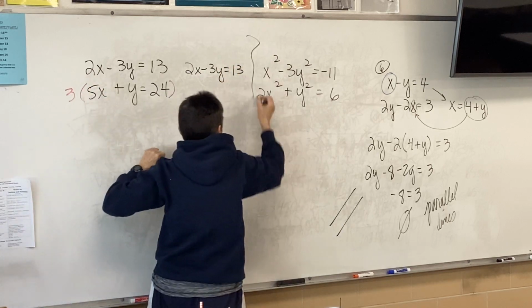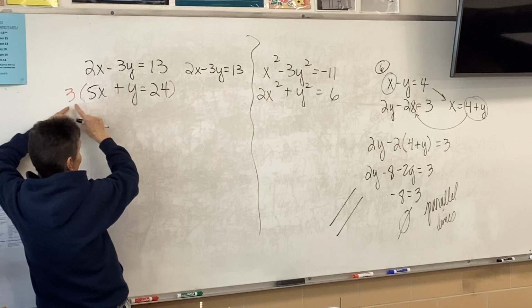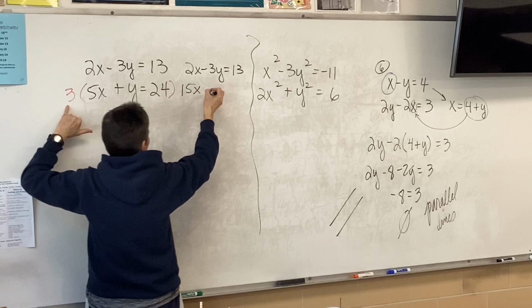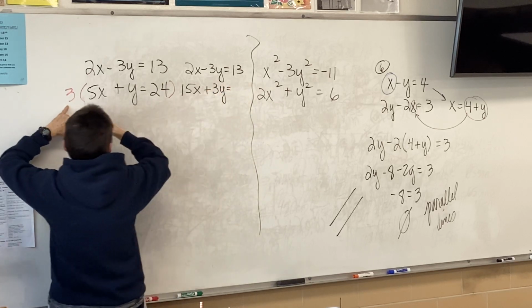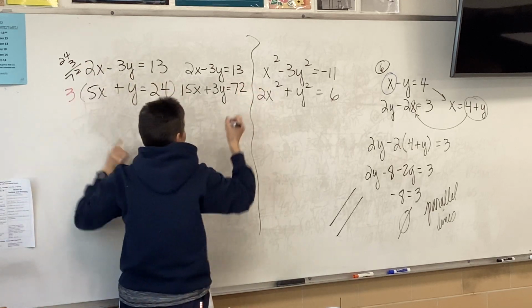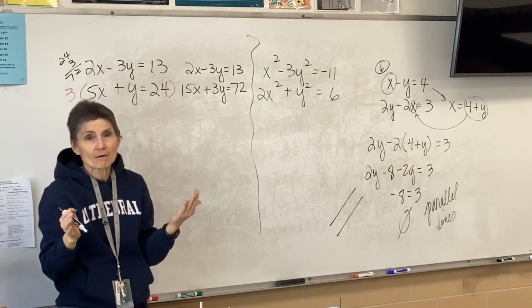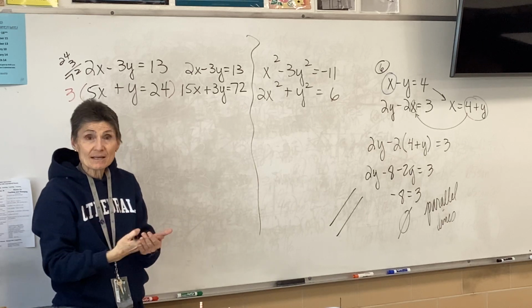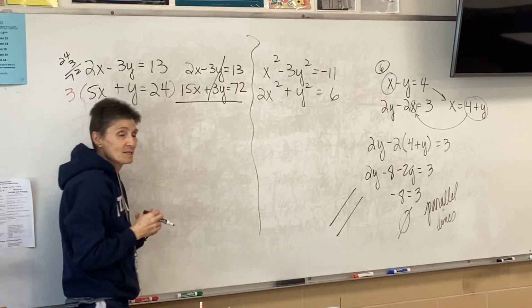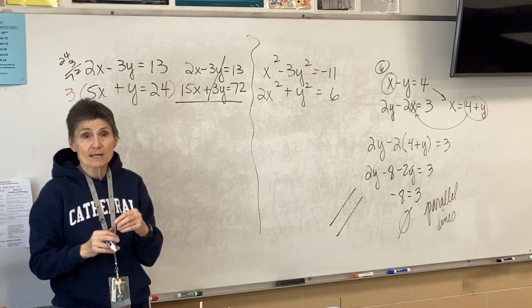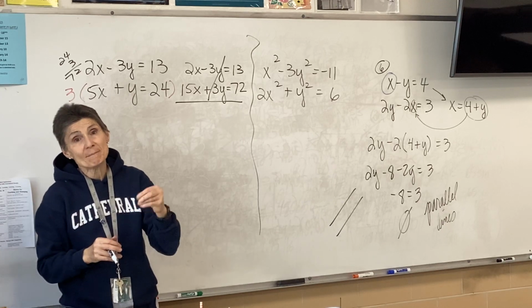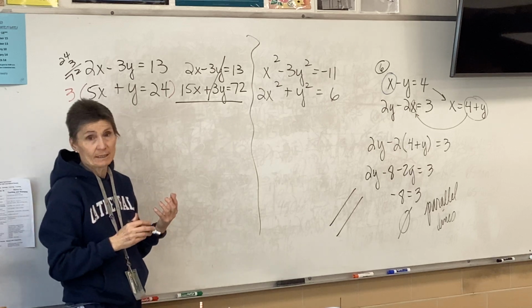But if I multiply my second equation by 3, I'm going to get 15x plus 3y equal to 24 times 3, which is 72. Now you've done this enough, you know exactly why I did that. I did that so that when I add these two equations together, the y's will cancel out. In other words, a variable has been eliminated. We eliminated a variable. That's why we call it elimination.